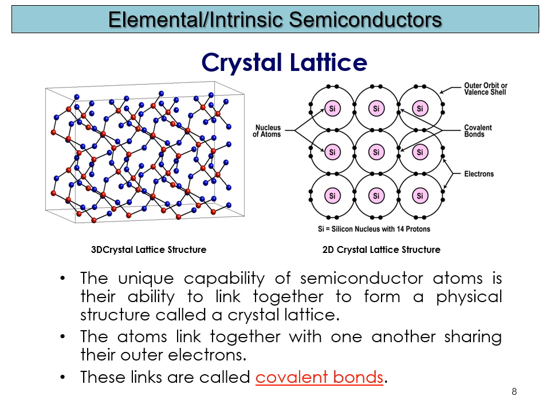The atoms link together with one another sharing their outer electrons. These links are called covalent bonds. We can see that silicon only has 4 valence electrons, but it shares each electron with each other to have a stable condition. The sharing of electrons, we call it covalent bonds.